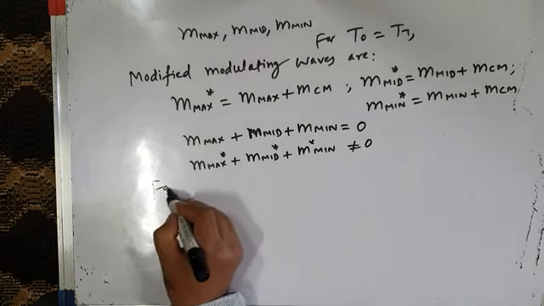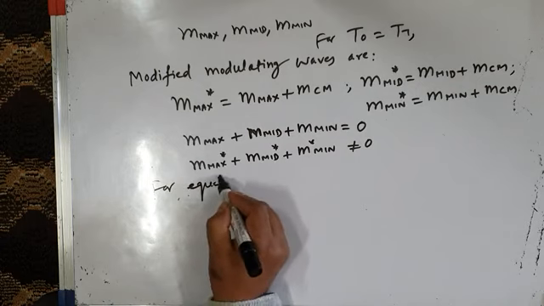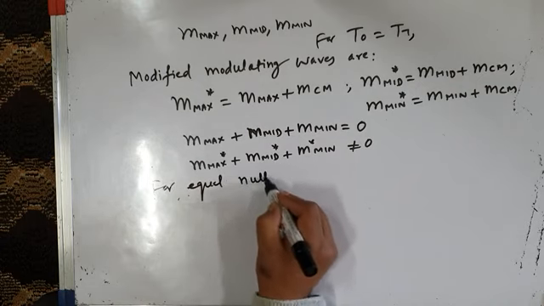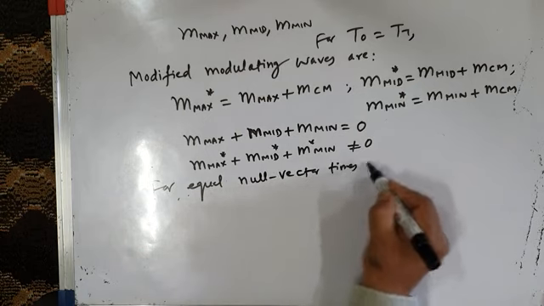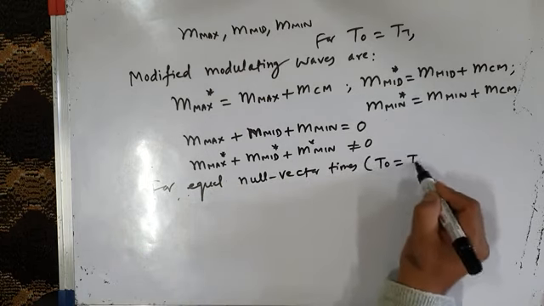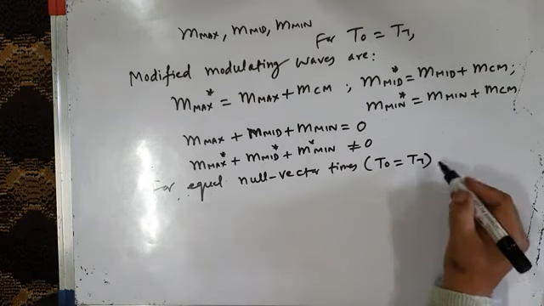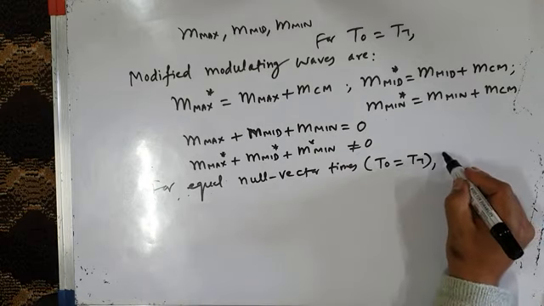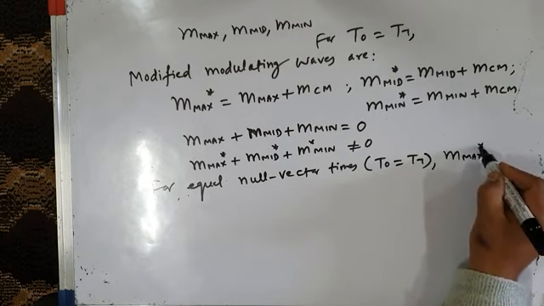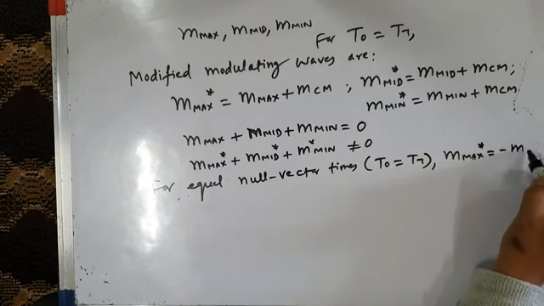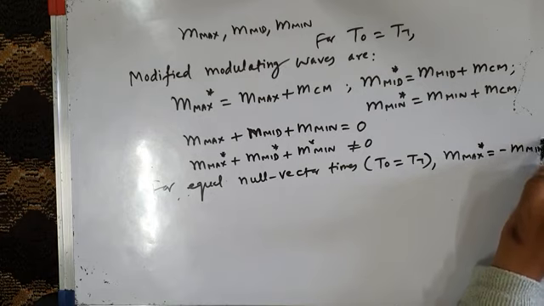And then for equal null vector times, if you want that T0 should be exactly equal to T7, as in case of space vector PWM, the condition is that m max star should be equal to minus m min star. This is the mathematical condition for that.